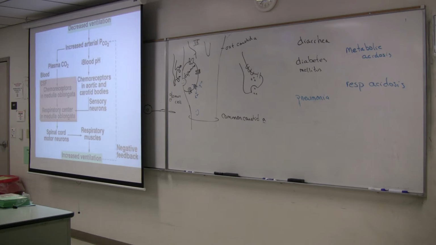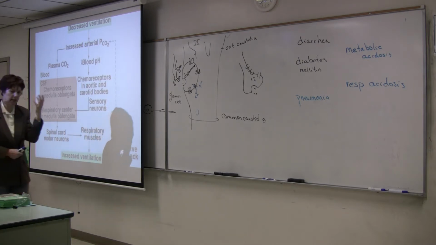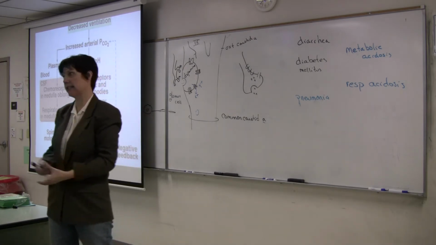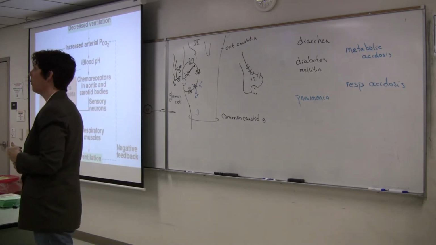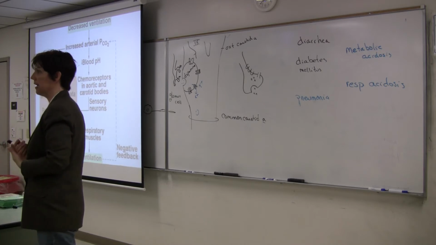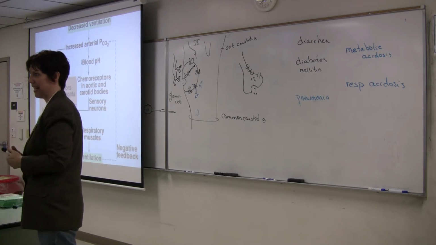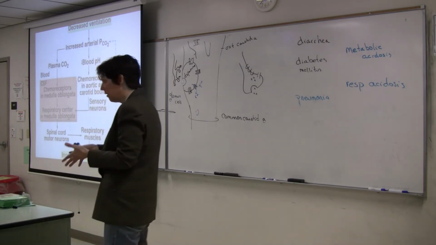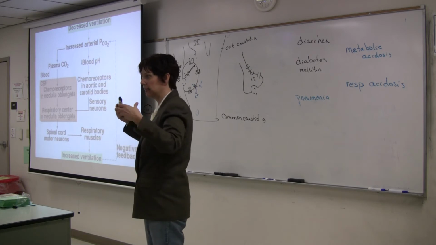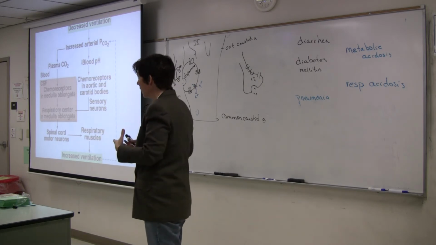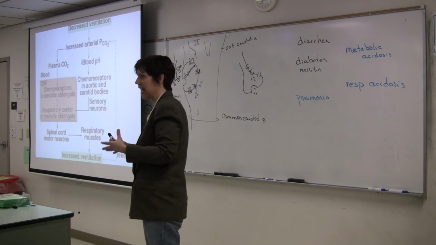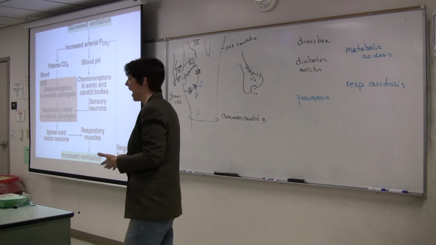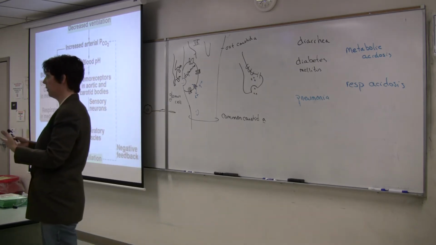And one of the questions I asked in the case study was adaptation. So someone with chronic obstructive pulmonary disease, of which emphysema is a type, would have consistently elevated levels of carbon dioxide. Okay, because with emphysema, we have collapsed alveoli, we have damaged alveolar walls, they've lost their elasticity, and there's an increased residual volume, and that CO2 tends to stay in the lungs rather than get expelled from the lungs.